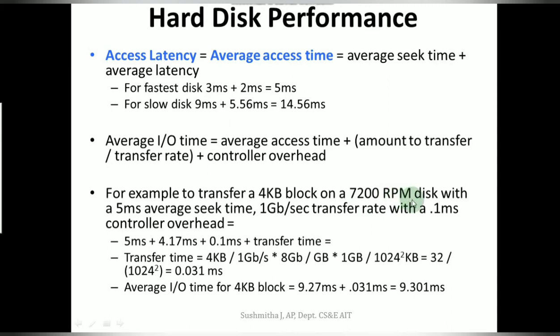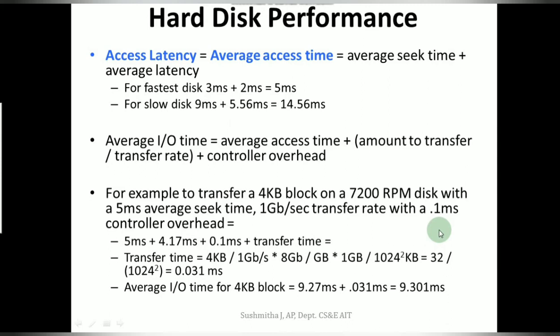These are the standard specifications that you get when you buy a hard disk, and it has a 5 millisecond average seek time, and the transfer rate is 1 gigabit per second. And the controller overhead here we are talking about the device controller. Every device is attached with a device controller.